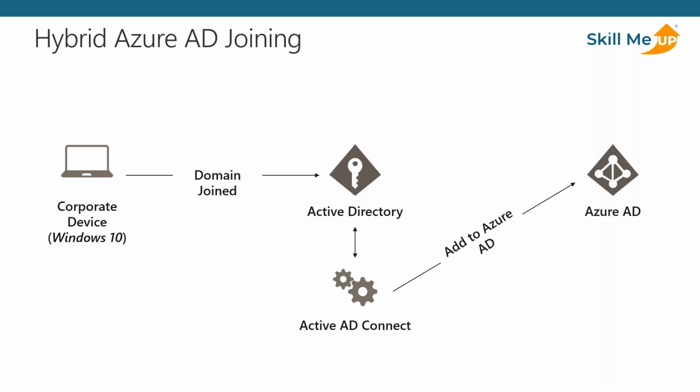So the Azure AD Connect is the piece that will be connecting that together. So as long as the domain is registered in the corporate device for on-prem and Azure AD Connect is synchronizing, it will then add the device to Azure AD as well if you enable that option.